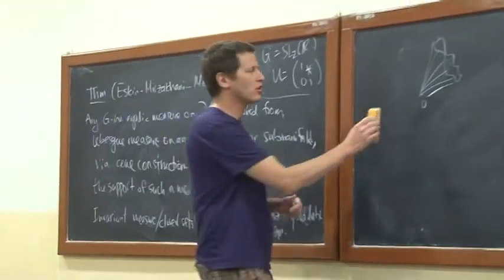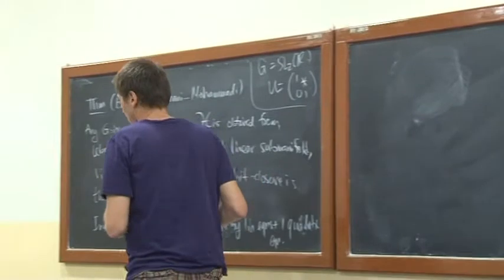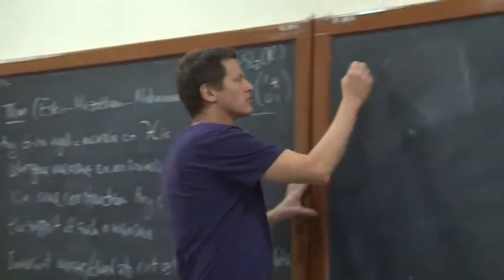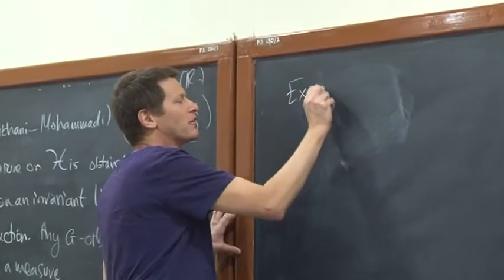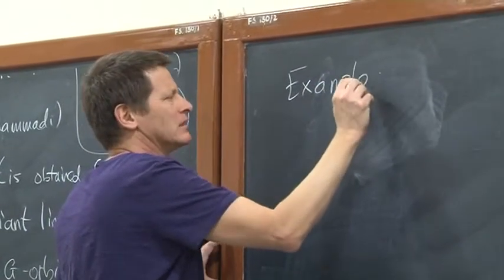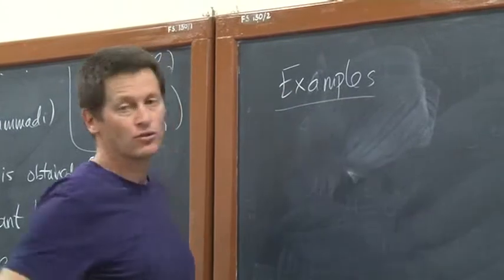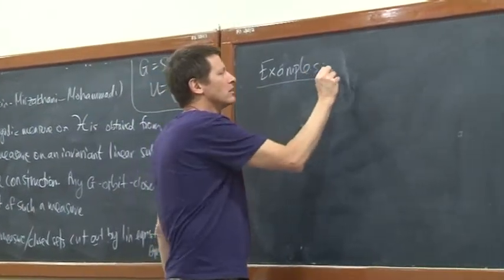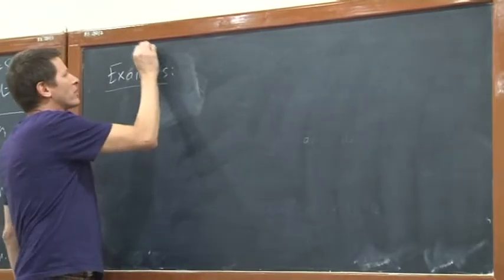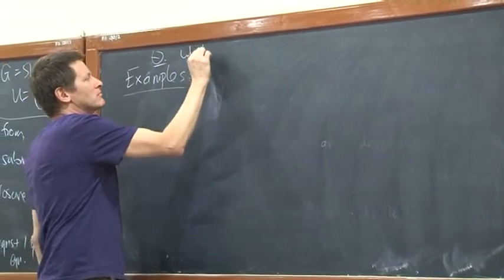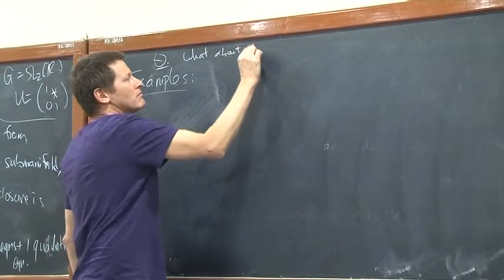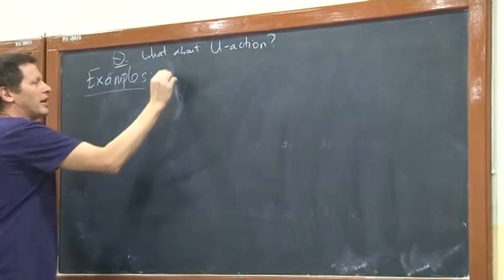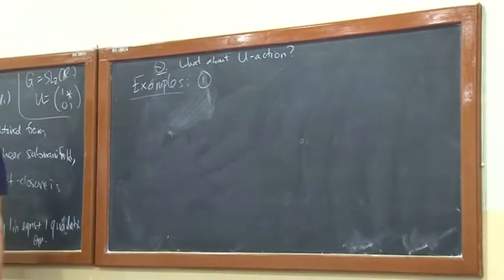Okay, what are our results for the U action? This is the content of our work. The question is, what about the U action? We have two families of examples.